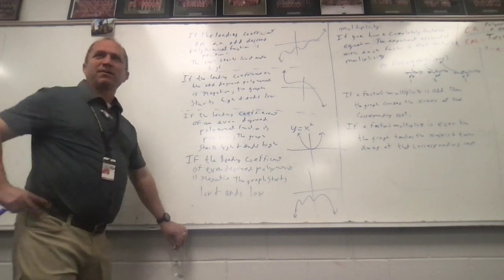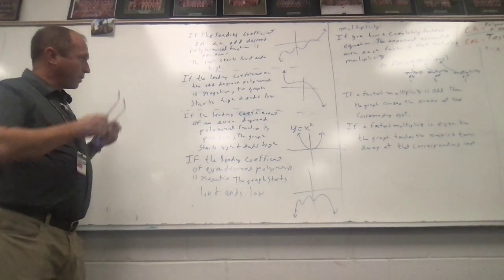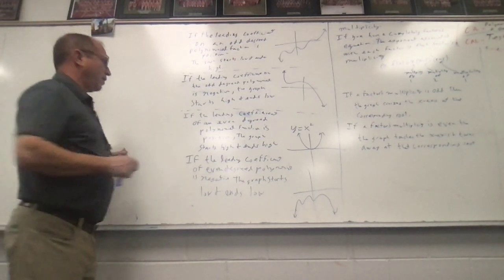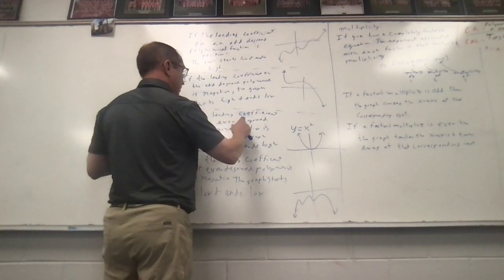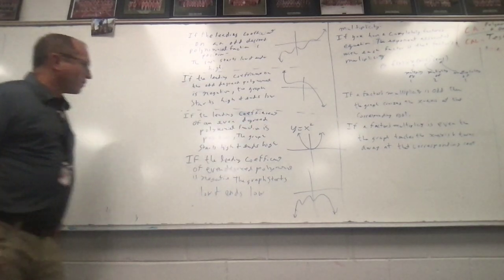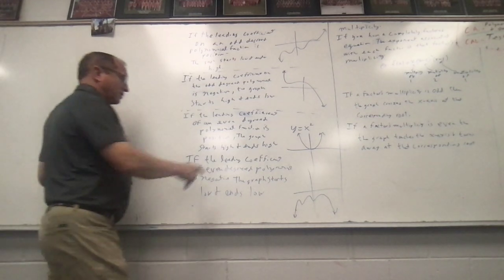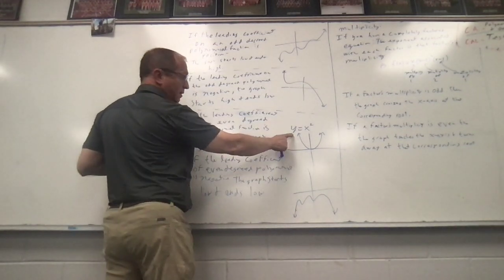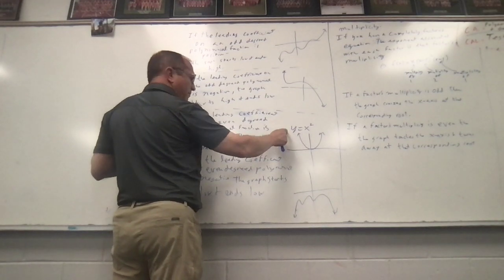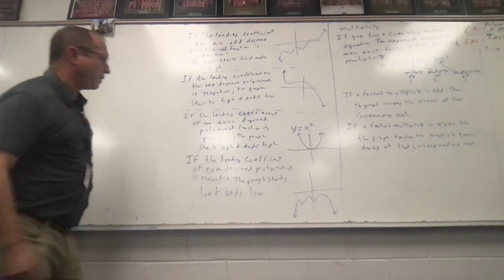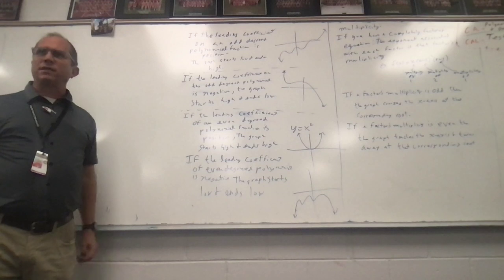All right, it looks like we can keep going. Next we have a situation where if the leading coefficient on an even degree polynomial function is positive, then the graph starts high and ends high. A very common even degree polynomial to consider is just y equals x squared.